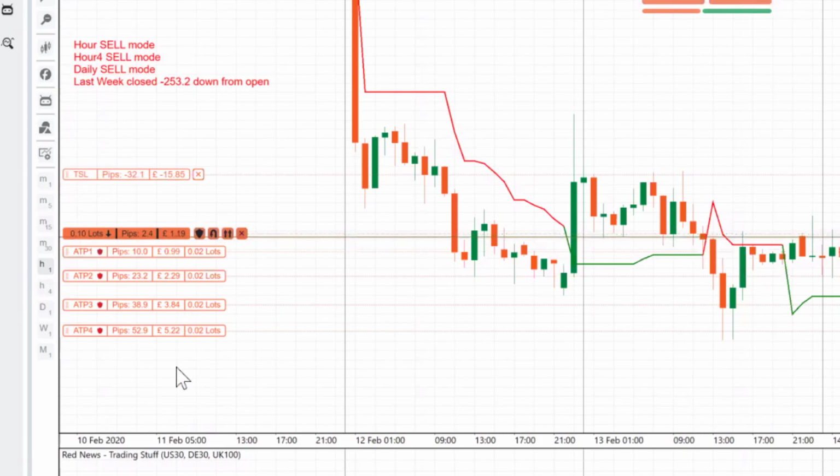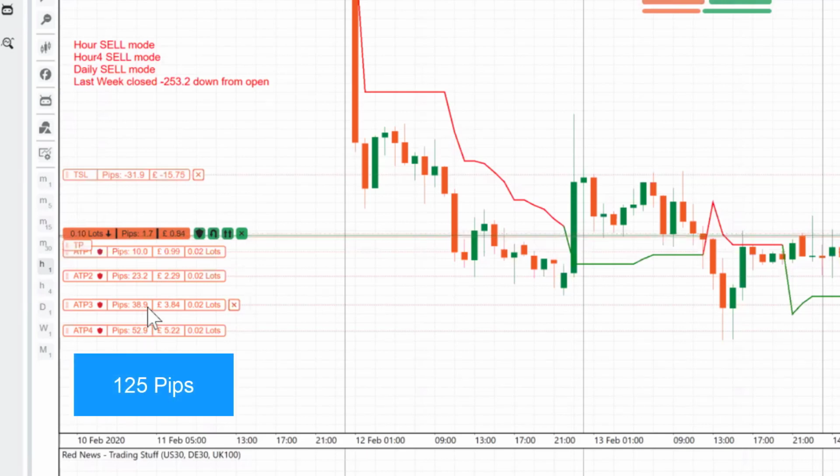And what you would see when these start to trigger and it hits each level, in your history, it will list each of these take profit areas as separate trades. And this is what I mean about where pounds and pips can be deceptive, because if this goes on and hits all of these levels, that will be about 120 plus pips just by getting 52.9, 53 pips up.